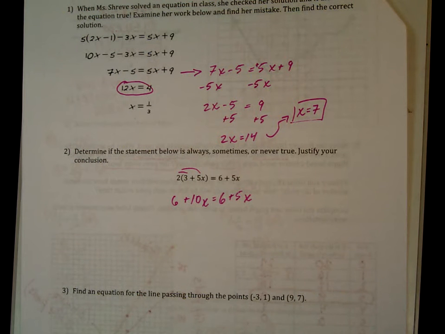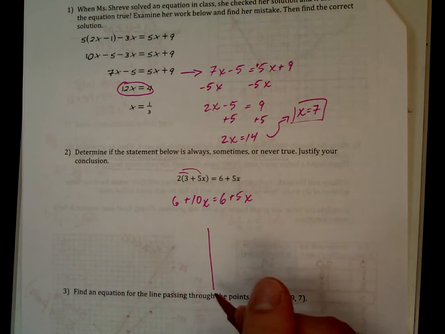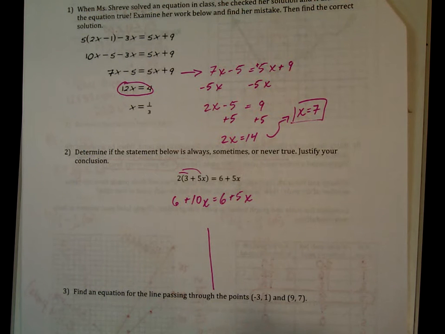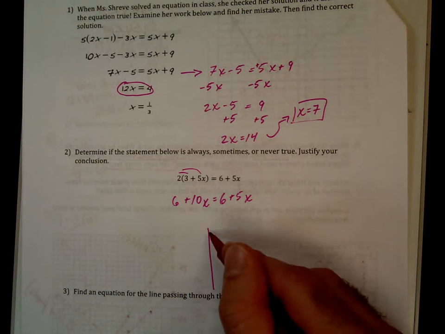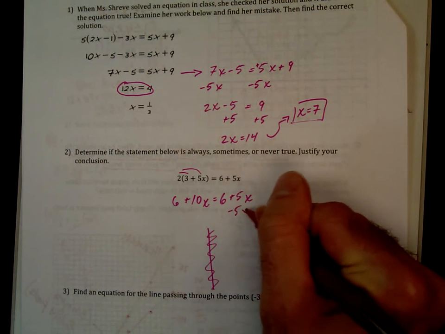If these were lines, actually, I think I have a faster way to do it. Okay, forget that idea. So let's get x by itself, minus 5x, minus 5x.